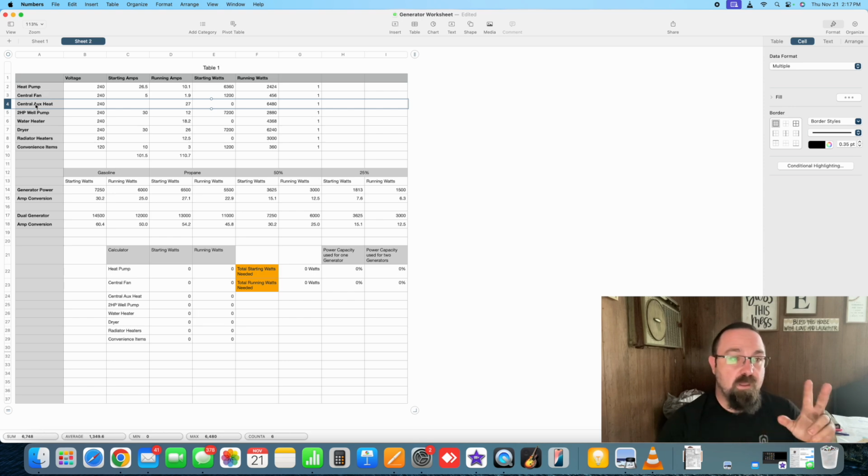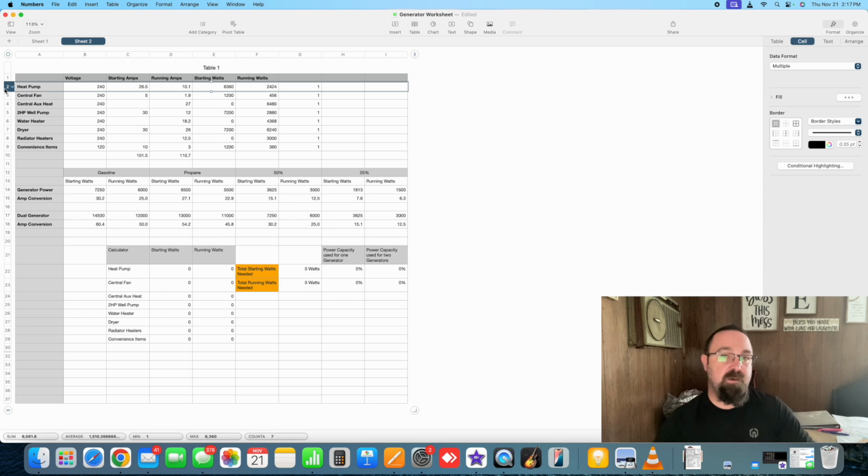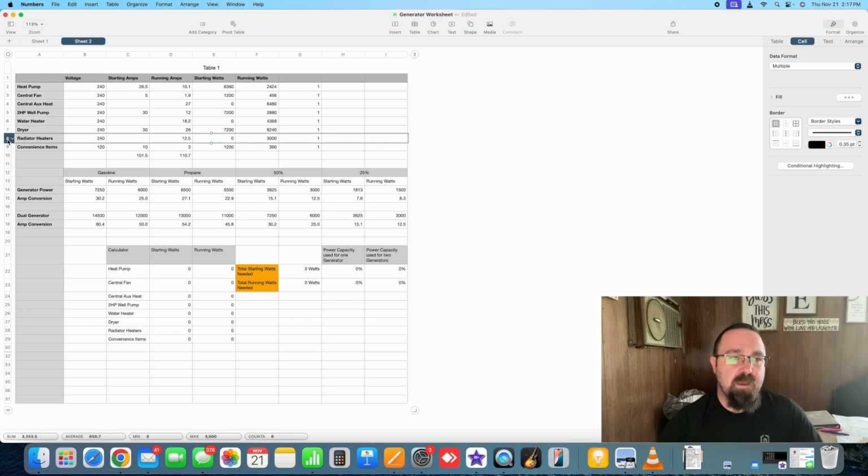Now remember, when that central auxiliary heater runs, the central fan's also going to be running and the heat pump is going to be running. So that's going to put a massive load on your emergency electrical supply. So by running radiator heaters inside the house and using the central fan to circulate it, then we're only adding an additional 3,000 watts.